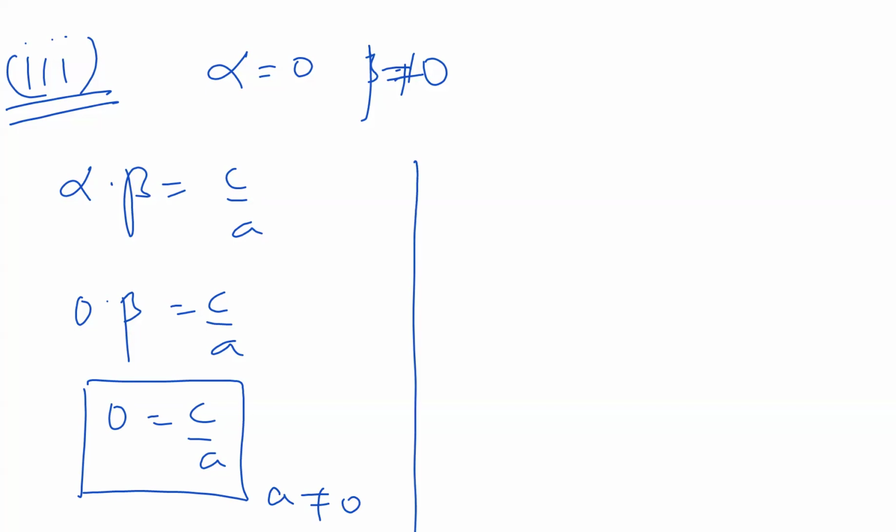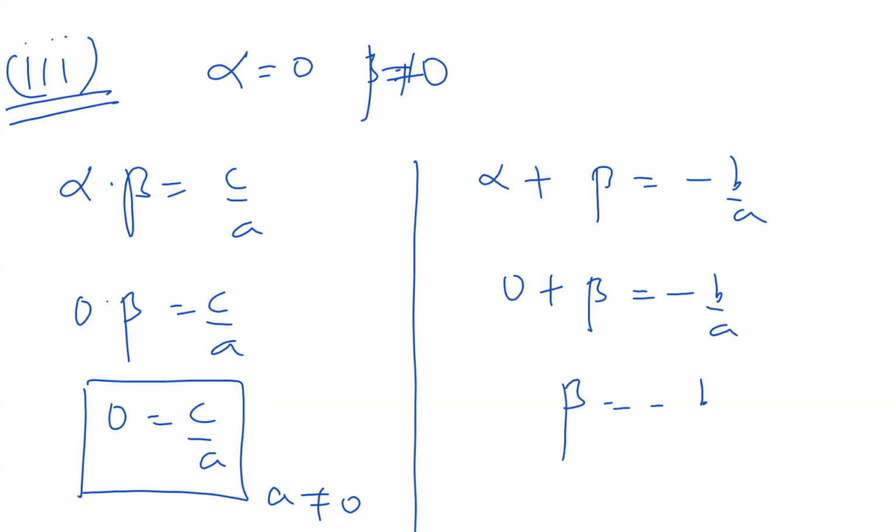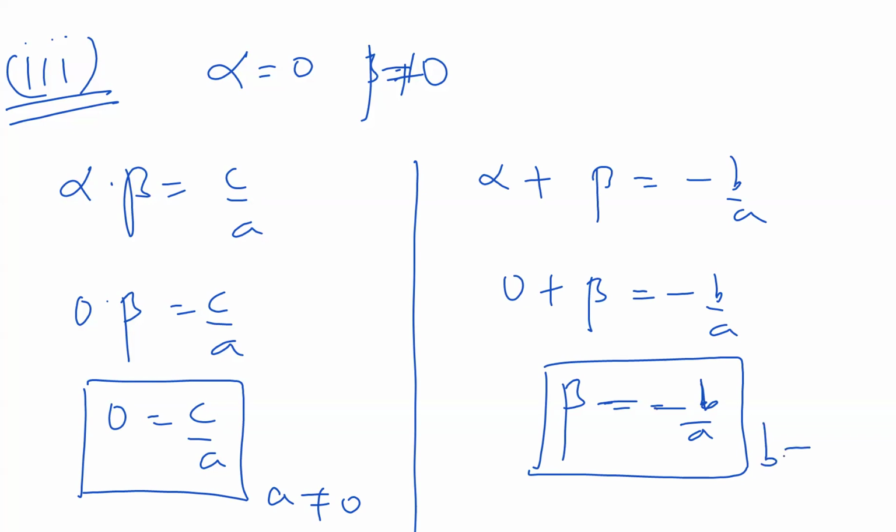Now alpha plus beta is equal to minus B by A. So 0 plus beta is equal to minus B by A. So beta is equal to minus B by A. Now guys, beta is non-zero. So for beta to be non-zero, here B cannot be equal to 0. If B is equal to 0 in this, then beta will also be 0. So the conditions are: C upon A equal to 0, A not equal to 0, and B not equal to 0. These are the conditions.